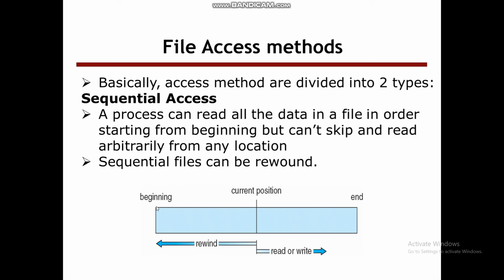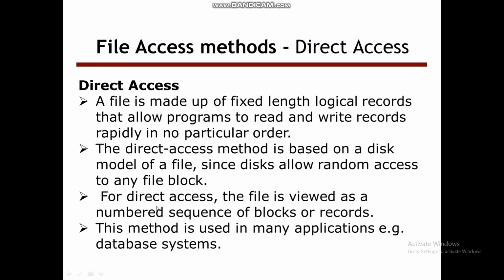This is sequential access. Next is the direct access mechanism. It is also known as the relative access mechanism. Here, the file is made up of fixed length logical records that allow programs to read and write records rapidly in no particular order. That is, records can be read and written randomly without any order.